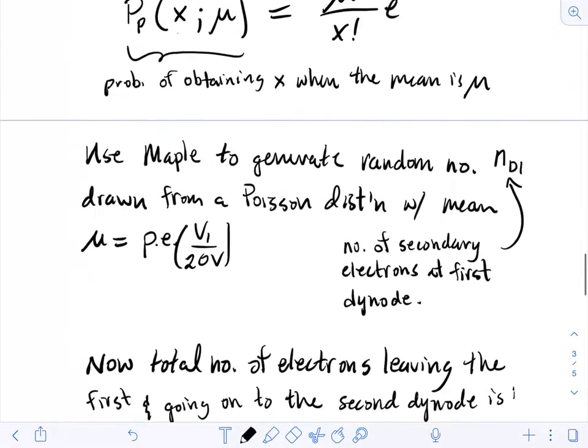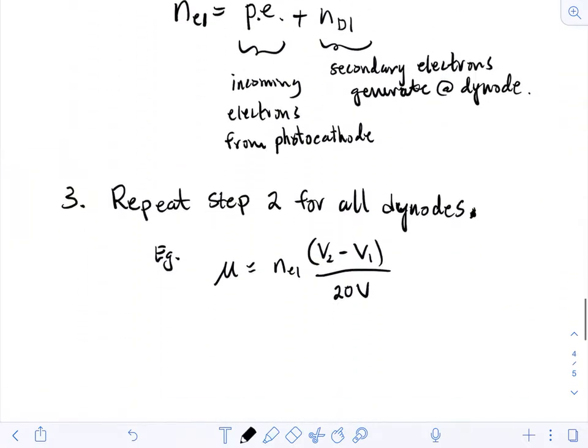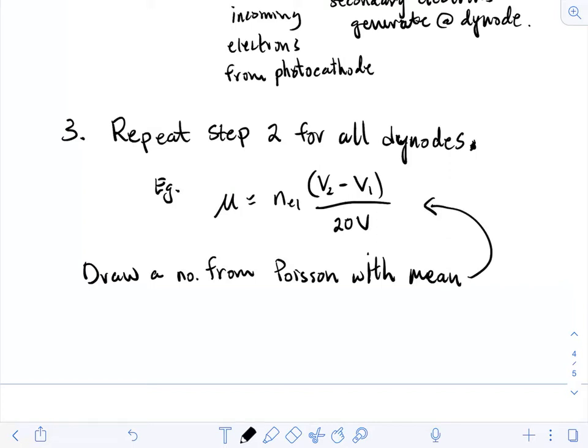And so we would draw a number from a Poisson distribution with a mean equal to this value.